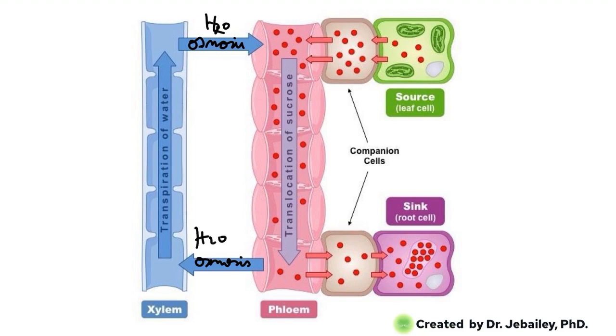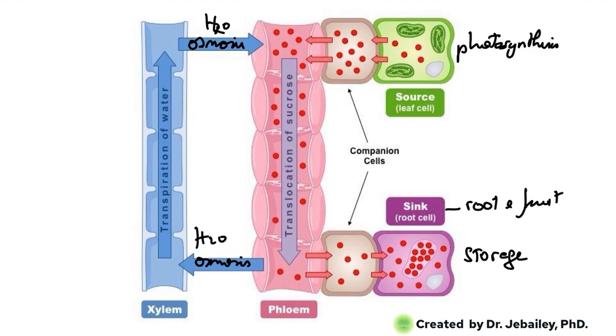And then here we can talk about photosynthesis. And here we talk about storage, right? And in these examples, we can talk about the root and the fruit, not just the root like it's written here. And this, we have the leaf, of course. Then the companion cells, we can talk about having the mitochondria, which is not shown here, but what does the mitochondria give?